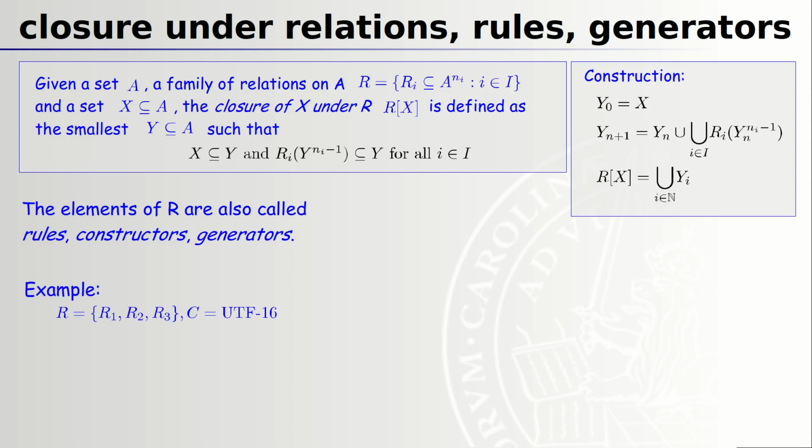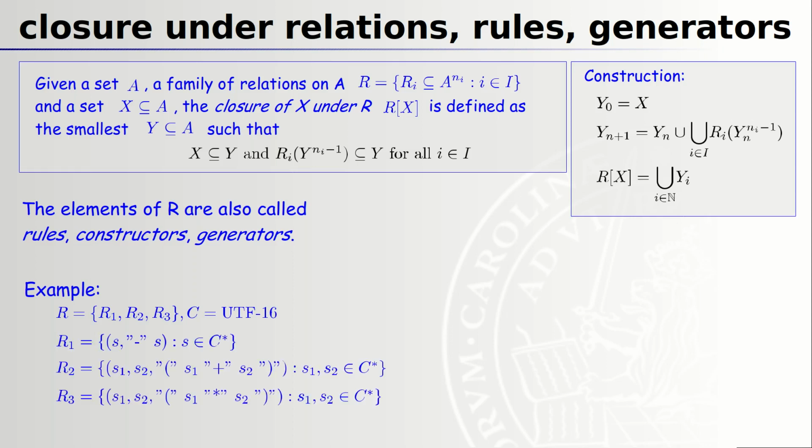Let us again look at an example. For simplicity, our character set is some standard set of characters, and we have three rules over strings of these characters: R1, R2, and R3. The first, quote-unquote, adds, if you will, a minus sign to the front of its single input string.